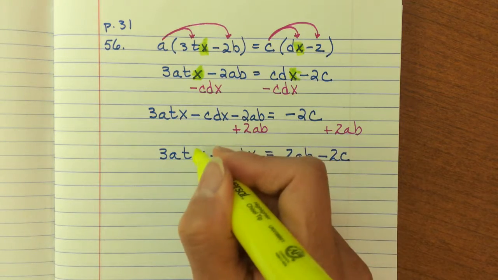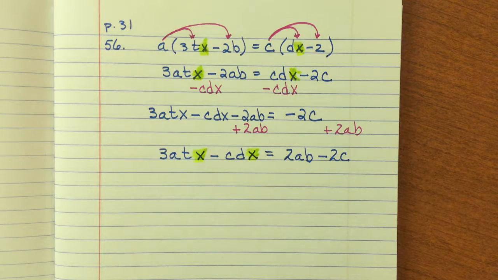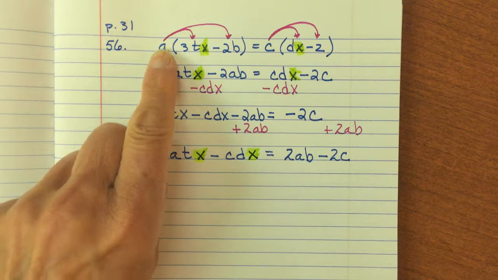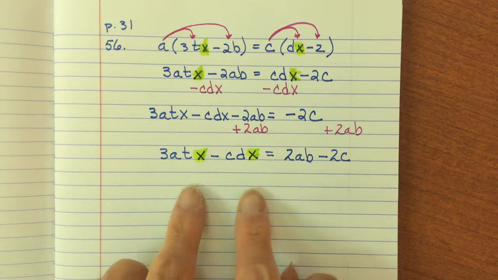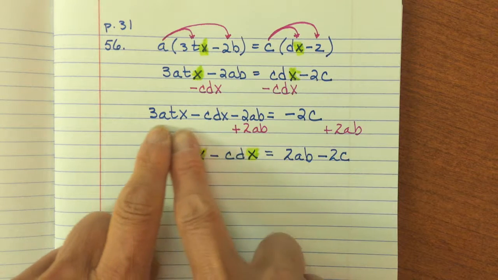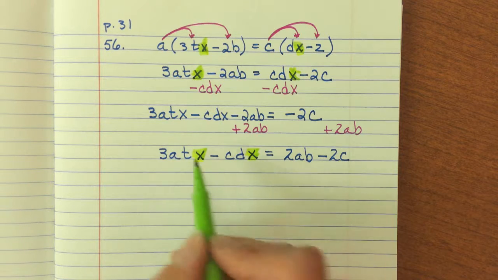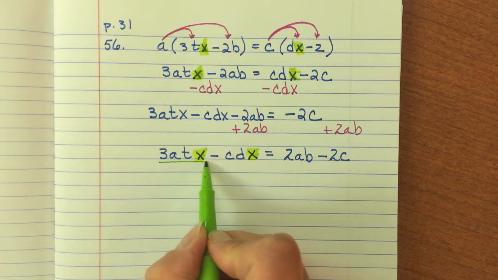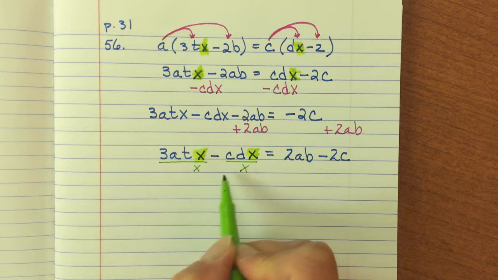Okay, so let's look here. There's an x term. There's an x term. So look at here. I distributed this in, and I got this. In this case, I'm going to do the opposite. I'm going to distribute the x out, which is the same as factoring out. So essentially what I'm doing is I'm going to factor out this x.